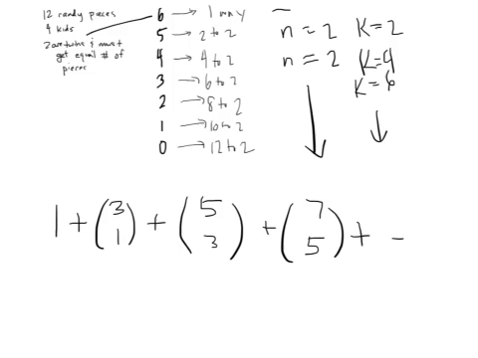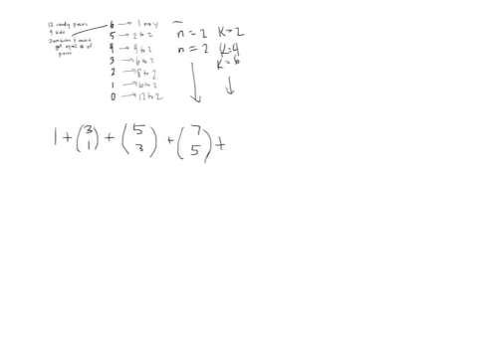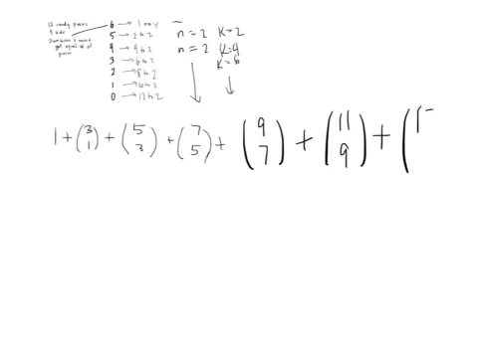Agreed? Okay. And then we end with, hold on. Let me erase this. I'm just going to zoom out every single time. 9 choose 7, 11 choose 9, and the last one will be 13 choose 11.